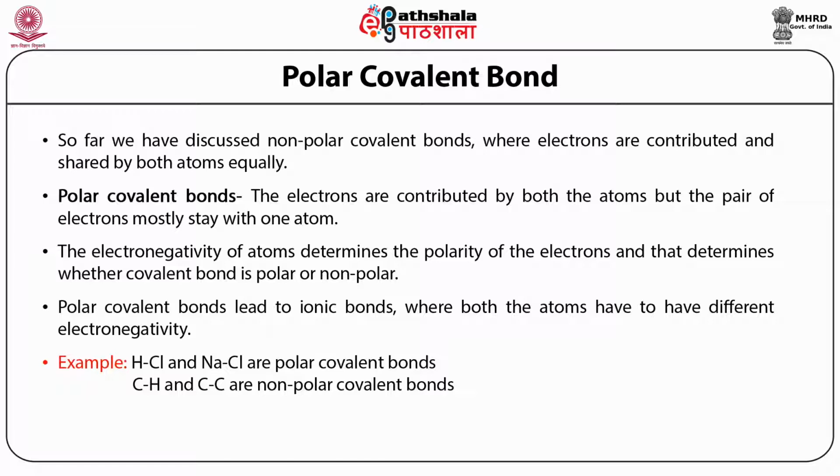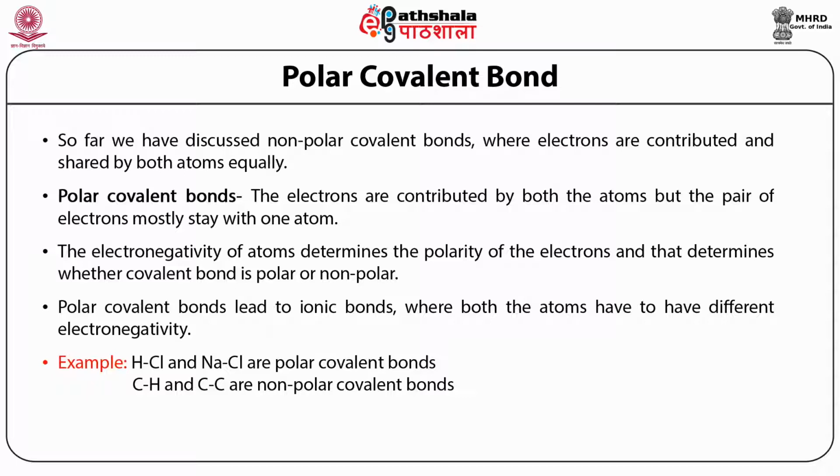Basically they almost become a positive charge and a negative charge. And these are also discussed in the ionic bonds. These actually result in ionic bonds, where one leads to a positive charged atom and another leads to a negative charged atom.